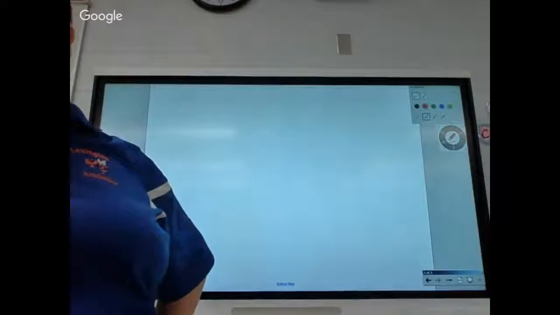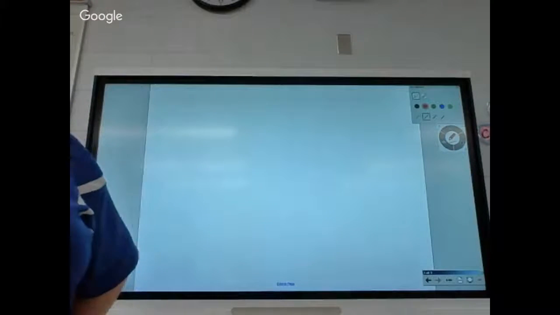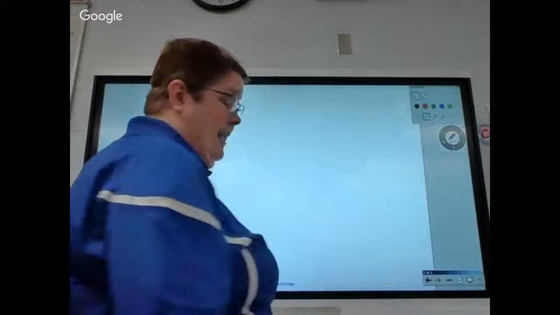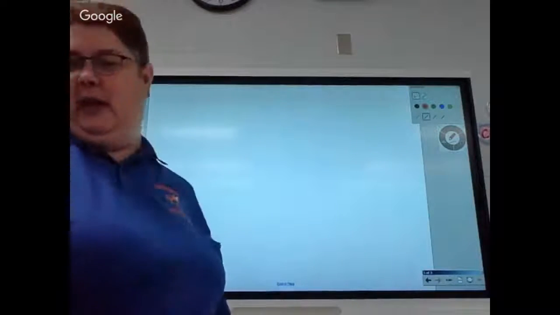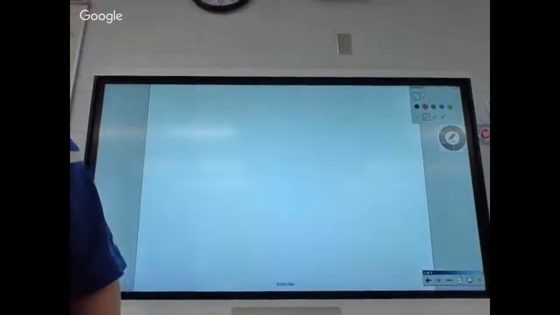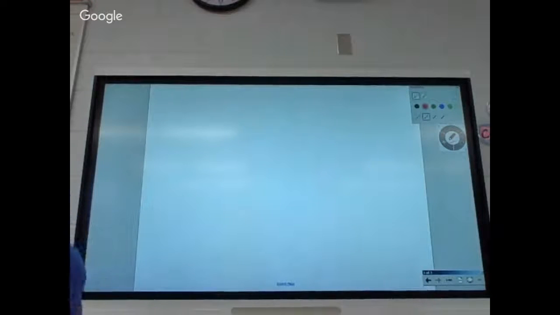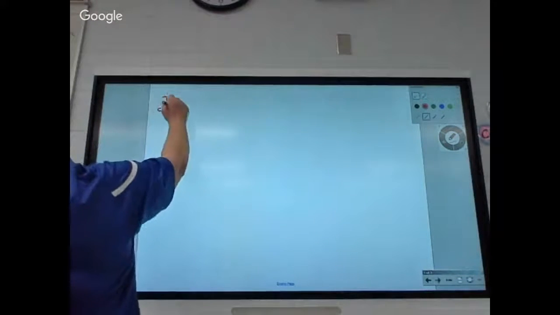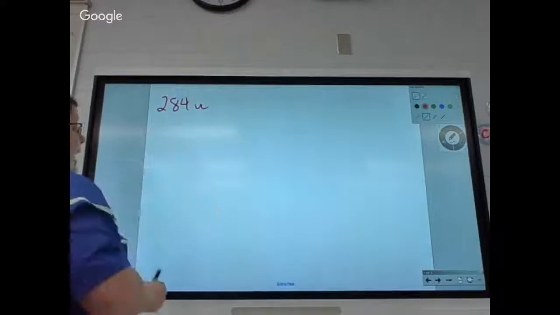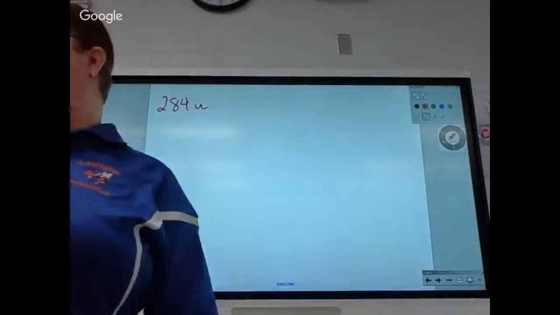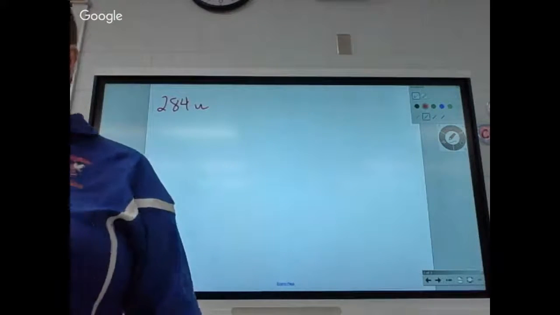Sure. All right. In 19, they give you just information to find the molecular. So they give you the mass, and they tell you the mass outright is 284 u. Okay? So we're going to need that, but we can't use it because we don't have the empirical formula, right?